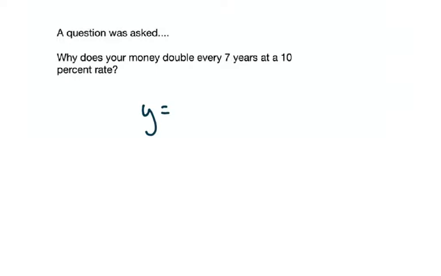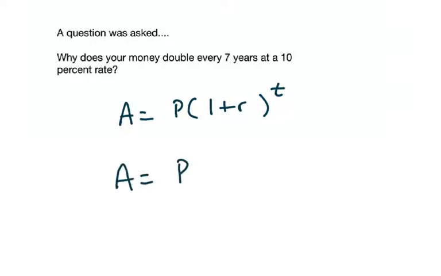I essentially said if you had something of this format, well, the equation is usually written as A equals P(1 plus r)^t as a simplistic version of A equals P(1 plus r over n)^(nt).